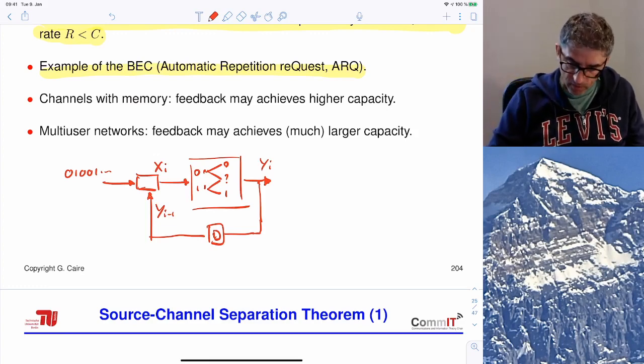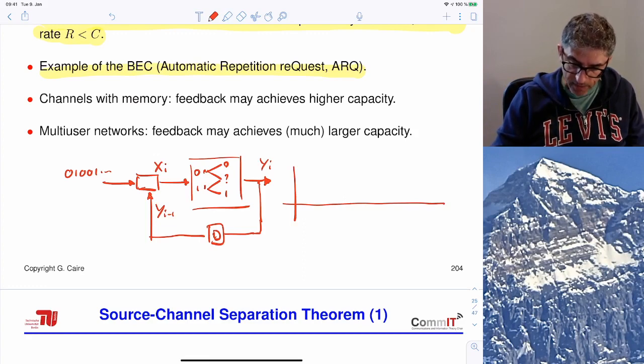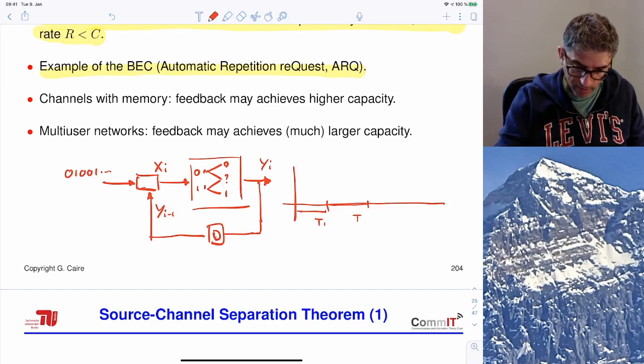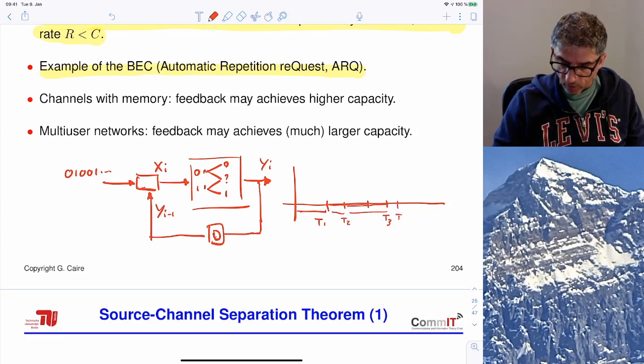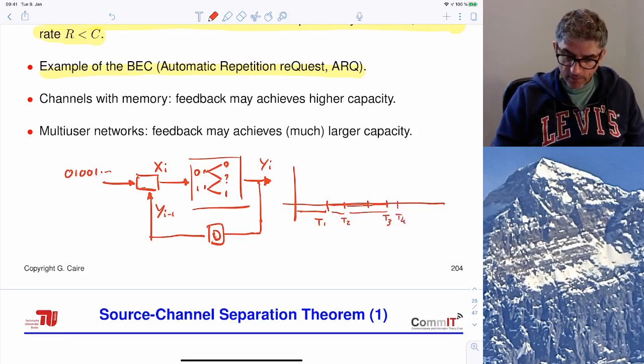On the time axis, you may imagine that you are repeating the current symbol for a certain amount of time, let's say t1, then you move to the second symbol for an amount of time, say t2, which is random because it depends on the erasure. So let's represent it in a different length. So this will be t2. And then repeat the third symbol for an amount of time t3, and then you have t4, and you keep going like that.